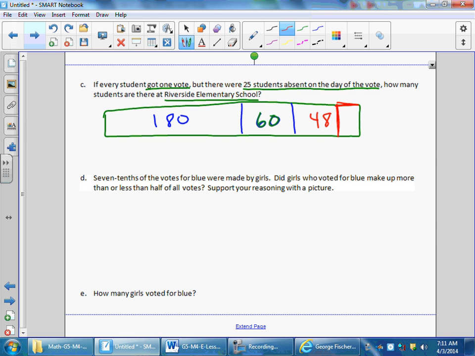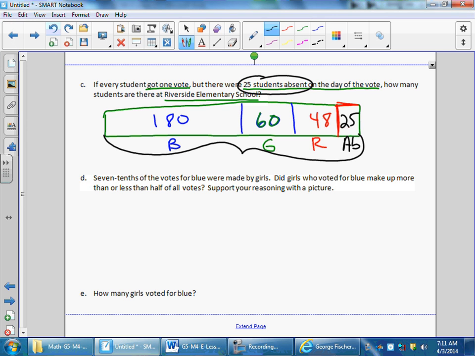But then there were also kids that were absent. How many kids were absent? 25. This is the total number of kids at Riverside.